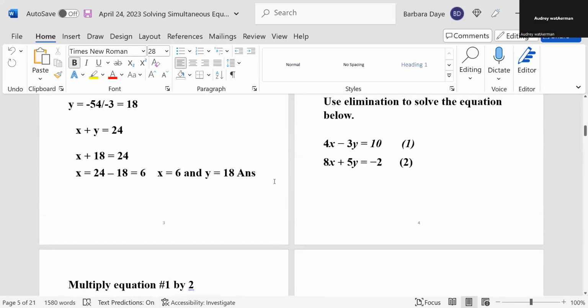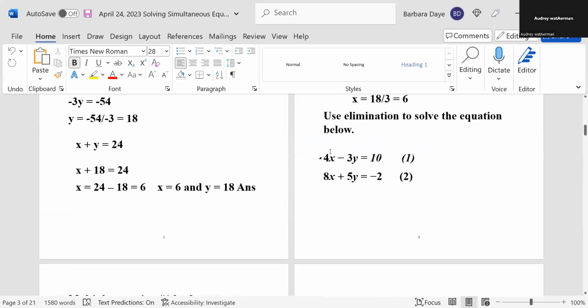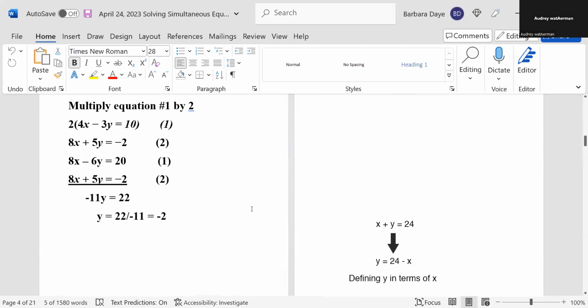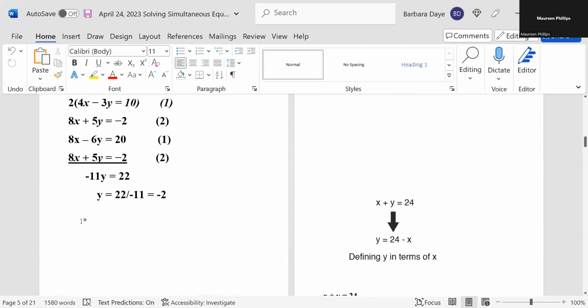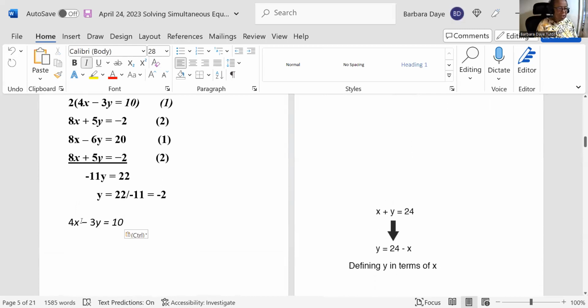We could take equation 1 or equation 2. So let's grab equation 1 and substitute in for y a negative 2, Audrey, and tell me what you get for x.